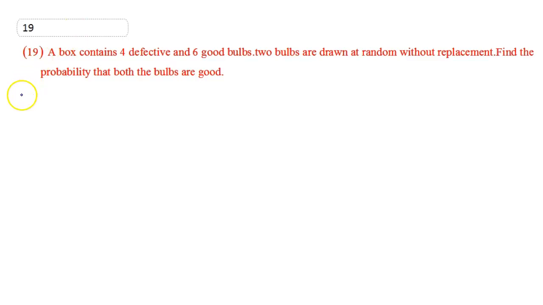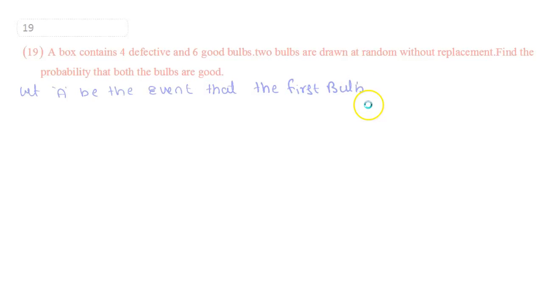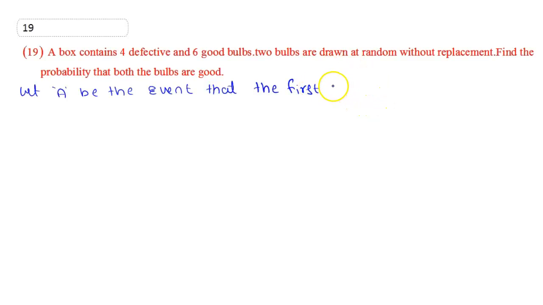So here let A be the event that the first bulb drawn is good.